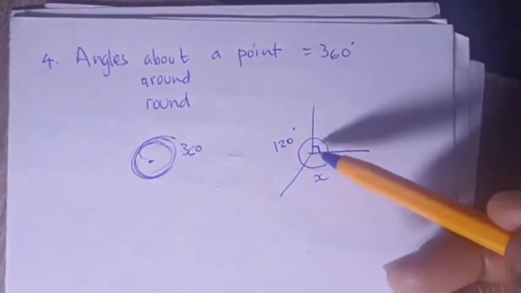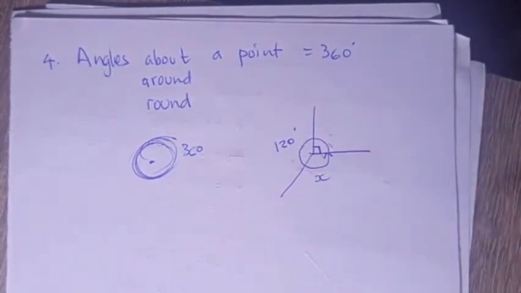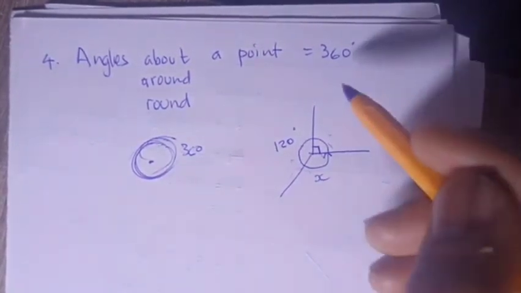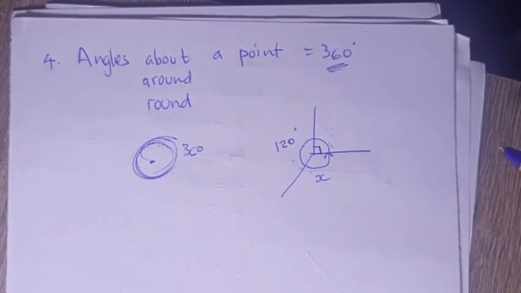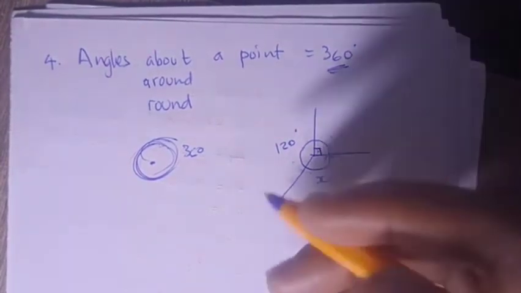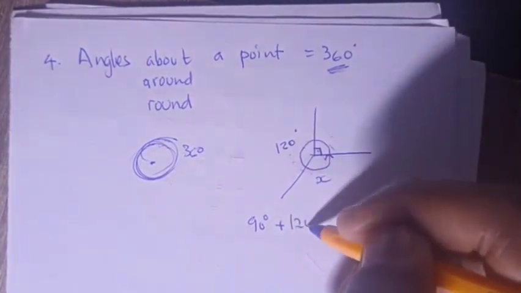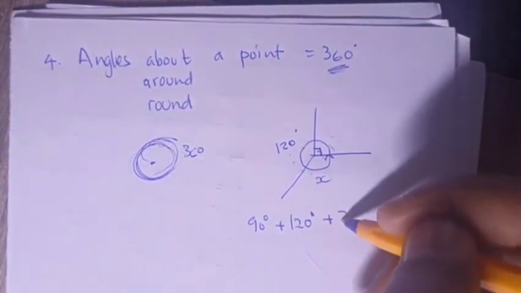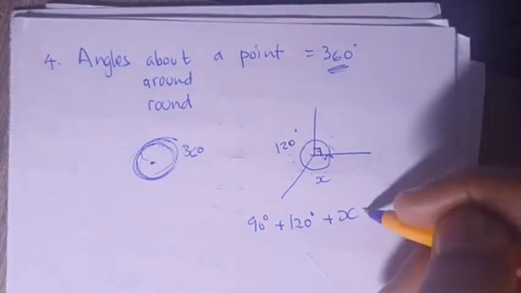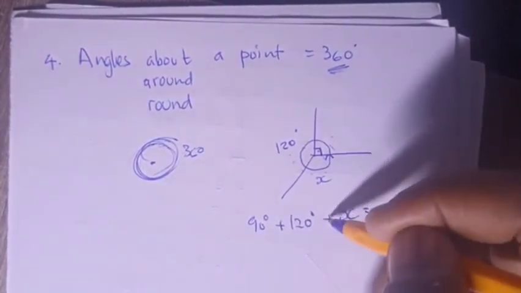We know that all these angles, when you add them up together, they must give you how much? 360. So what are you going to do? You're going to say, okay, this angle is how much? It's 90 degrees. Plus this angle is how much? 120. Plus, that's the one that we don't know. When we add all these angles, can you see I'm adding all of them?